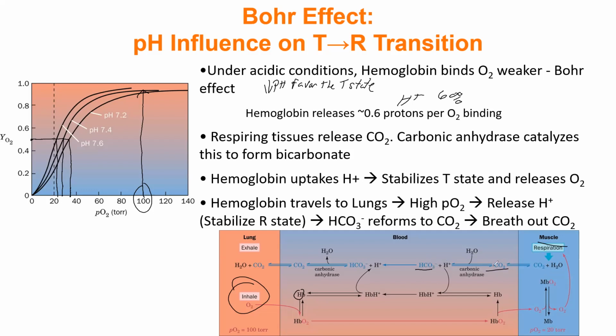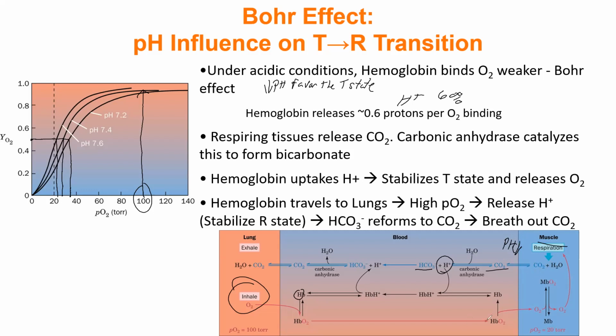When making carbonic acid, you release a proton. So at the blood around your muscles, pH is really low because you're making a lot of carbon dioxide. Therefore, you're making a lot of carbonic acid and releasing a lot of protons. So the blood right around your muscles is very low pH.